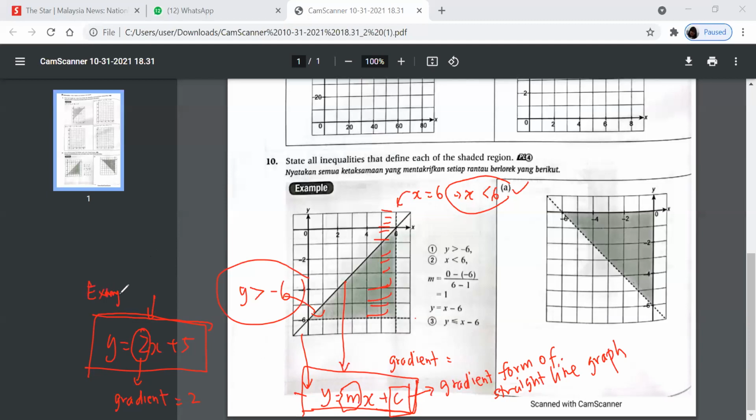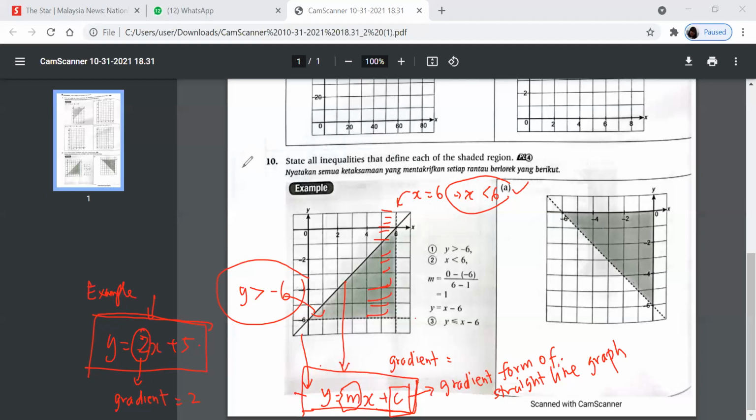If you have an equation like this, I haven't come to this question yet, because you all don't know y equals mx plus c. So I'm teaching you this first. When you see a graph like y equals 2x plus 5, the 2 here is the gradient.